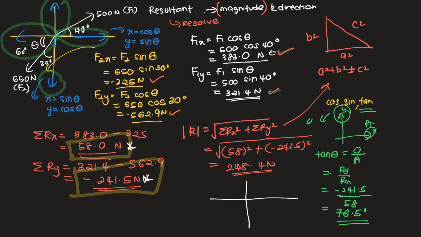Because this one is going to give you the directions for you to draw the resultant. So your RX, you get positive here, which means that it's going to be in that direction. And then your RY, you get negative here, so the resultant will be in these directions.